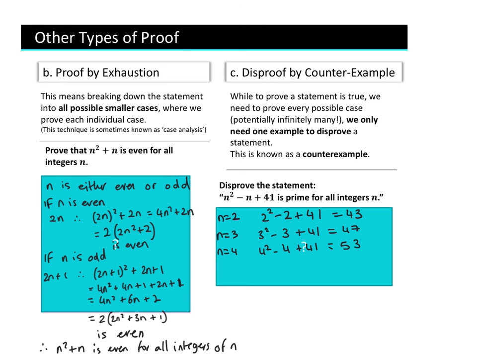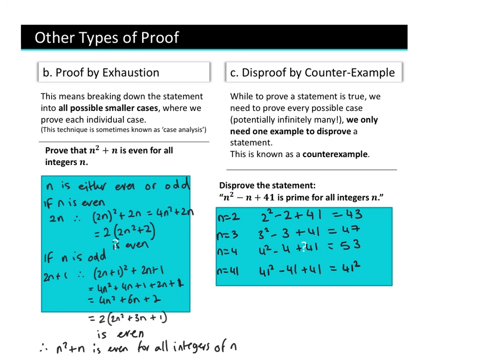Okay, so I've tried a few and they don't work. Sometimes it's good to try the number that you have. So they've given us 41, so let's just try n equals 41. So 41 squared minus 41 plus 41. Well, this equals 41 squared. Now, I could figure that out, but actually, hold on a minute.